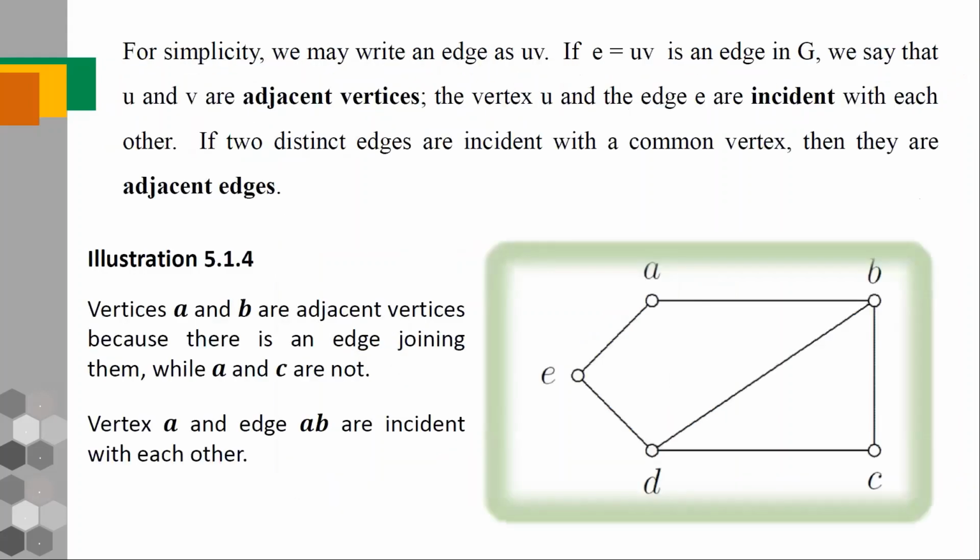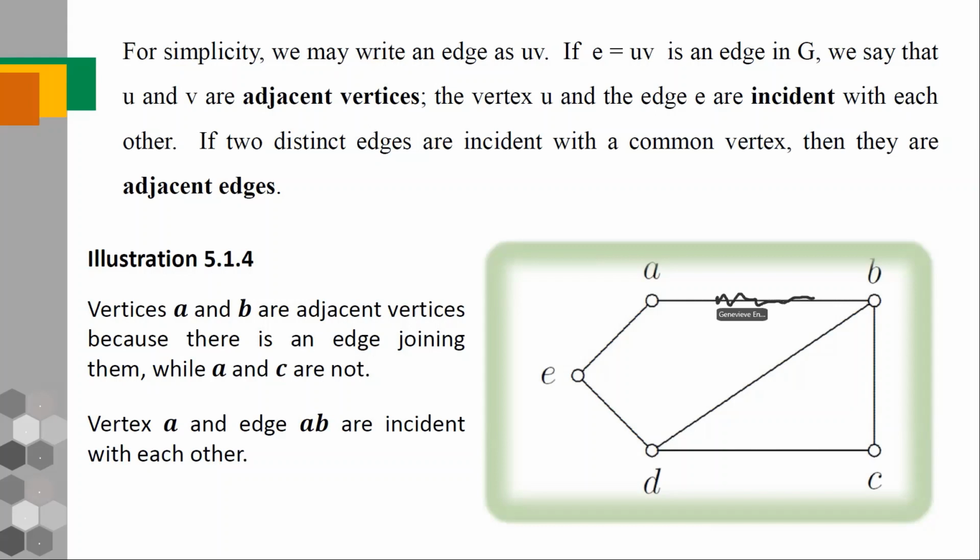Okay, for simplicity, we may write an edge as UV. So if E is equal to UV is an edge in G, we say that U and V are adjacent vertices. Okay, adjacent sila pag gi-connect sila og isa ka edge or more. No? Basta connected sila by an edge. So they are adjacent vertices. So for example, we have A and B are adjacent. Kay naa man silay connection, this one.